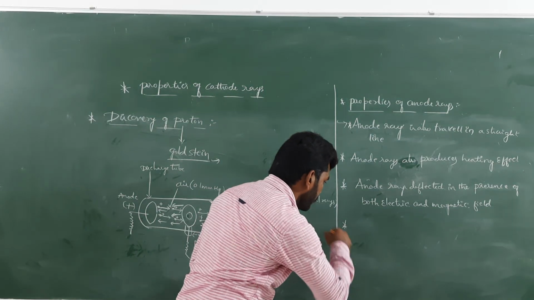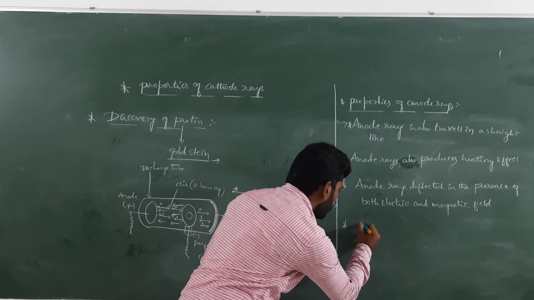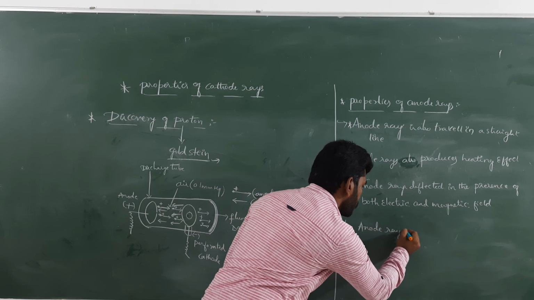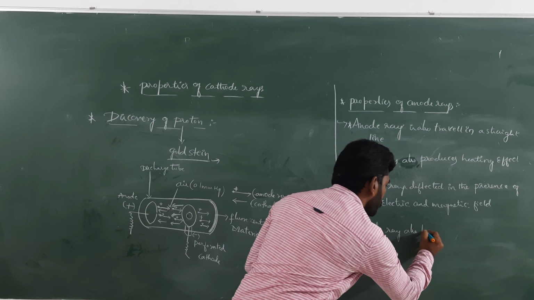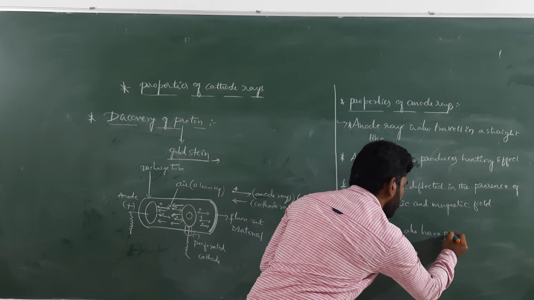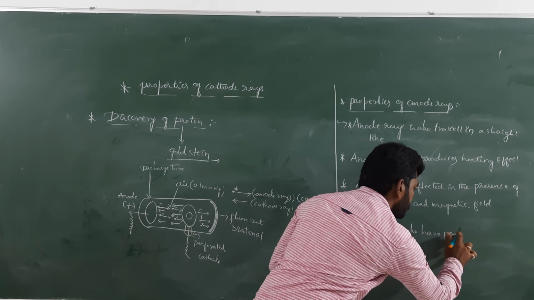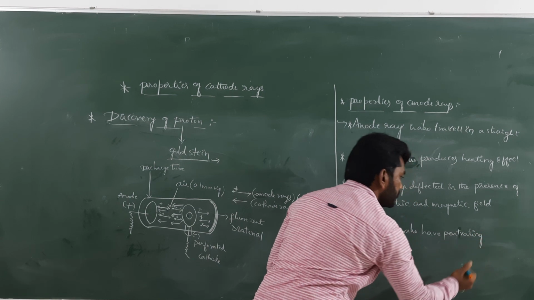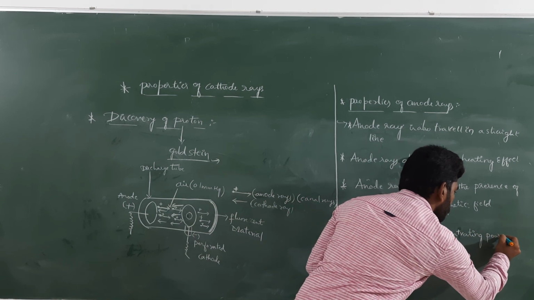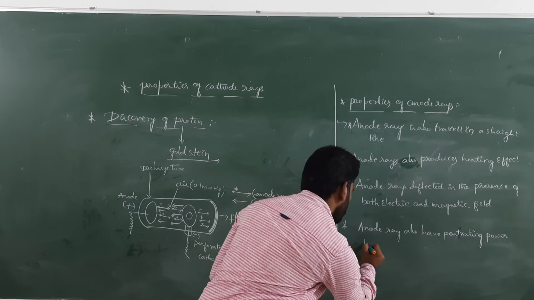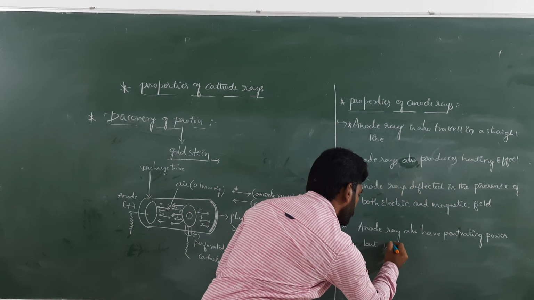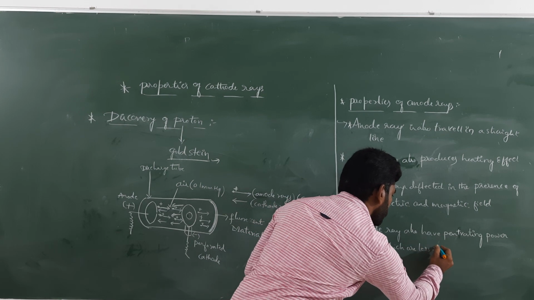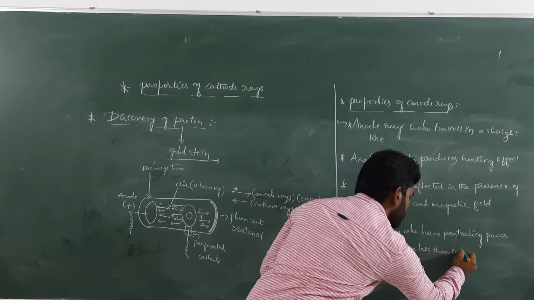So write down here: anode rays also have penetrating power, but it is less than that of cathode rays.